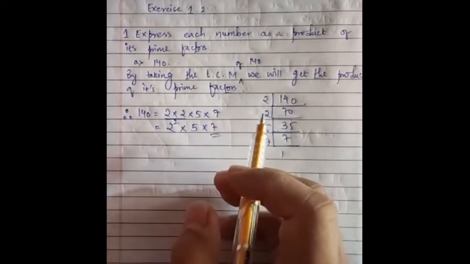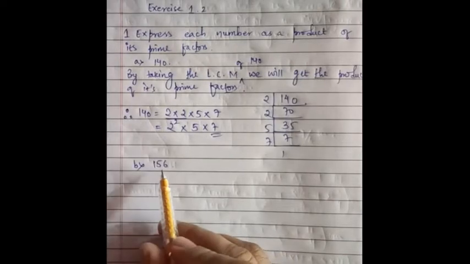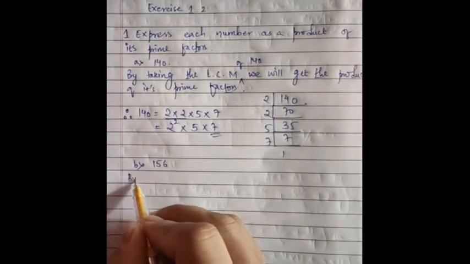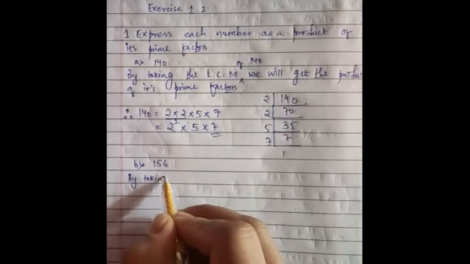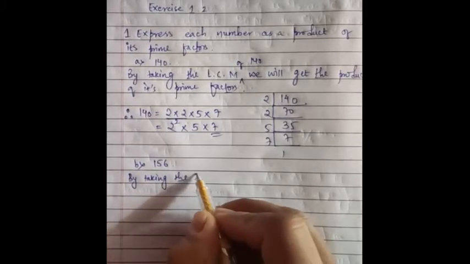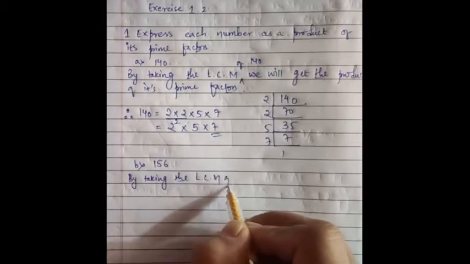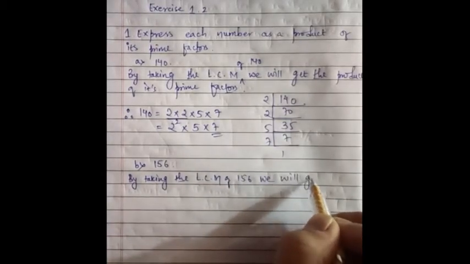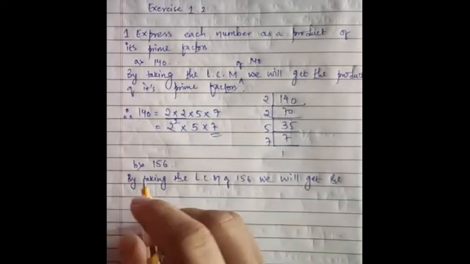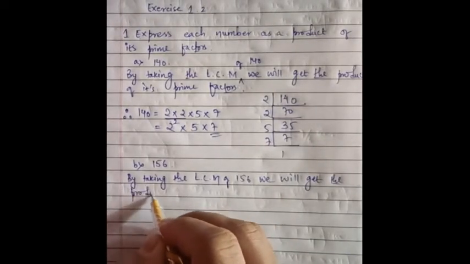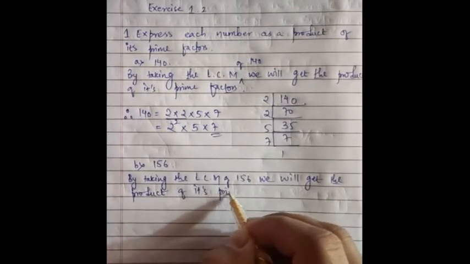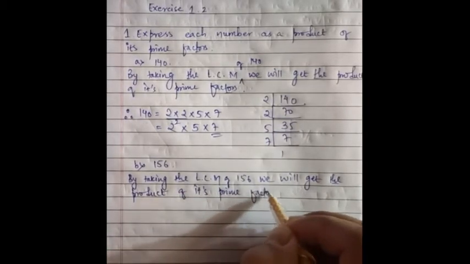Alright. So the next question is B, 156. Similarly, we will solve this also by taking the LCM of 156. We will get the product of its prime factors.